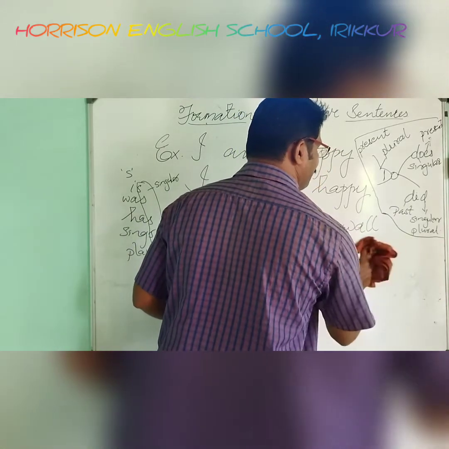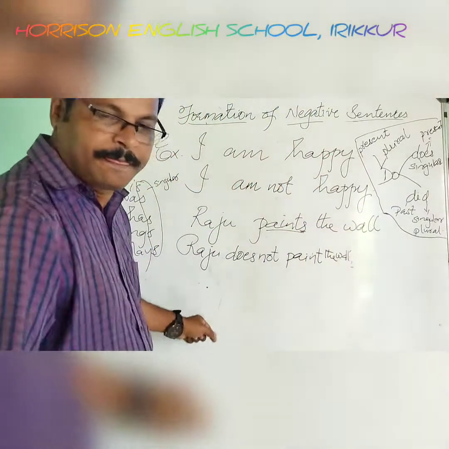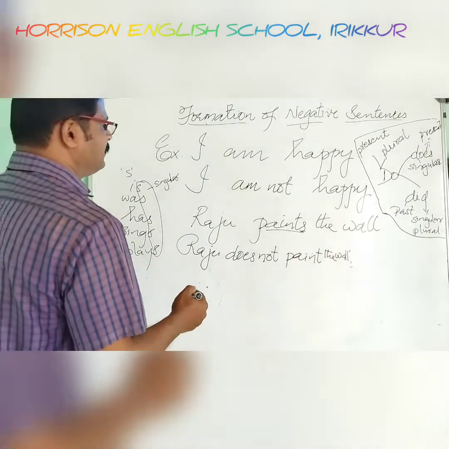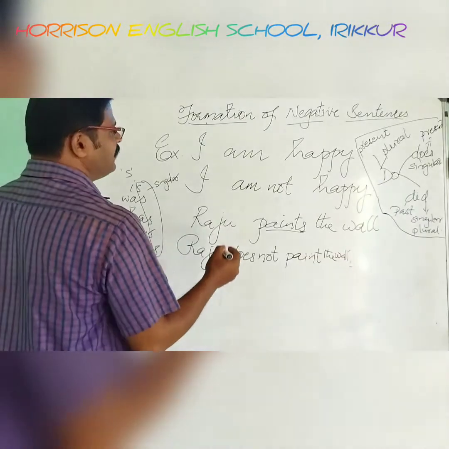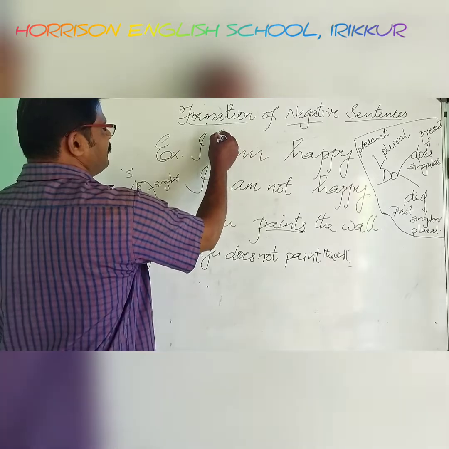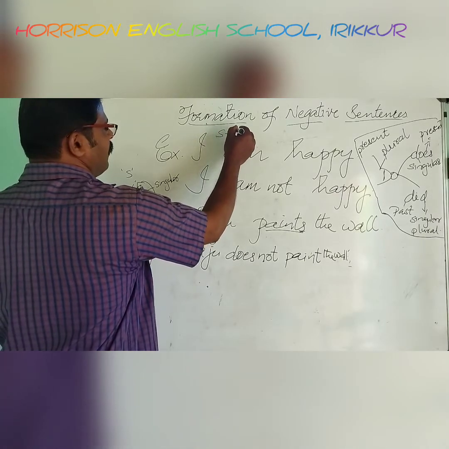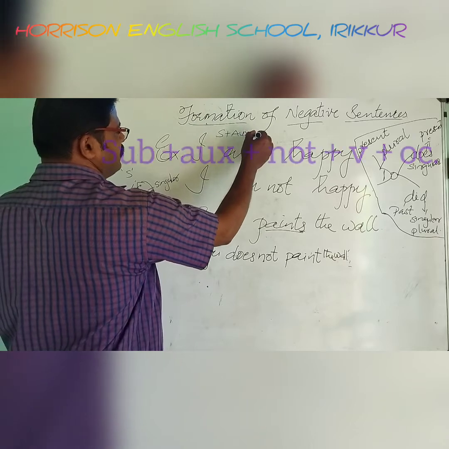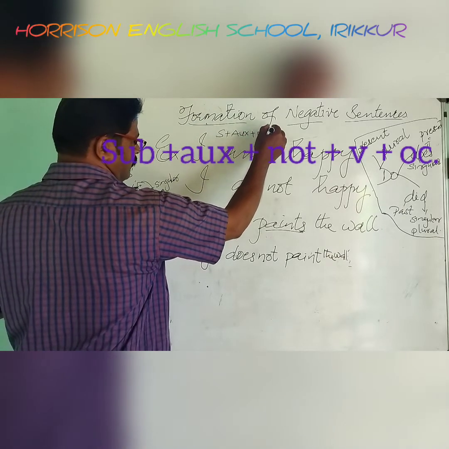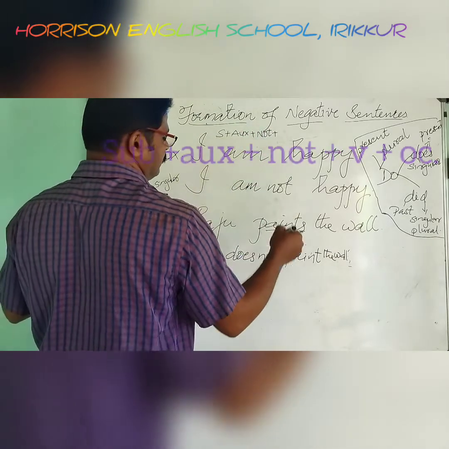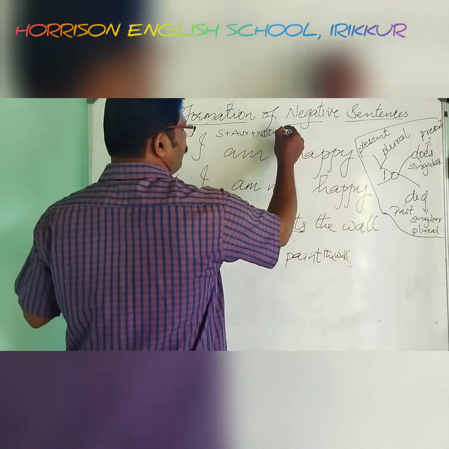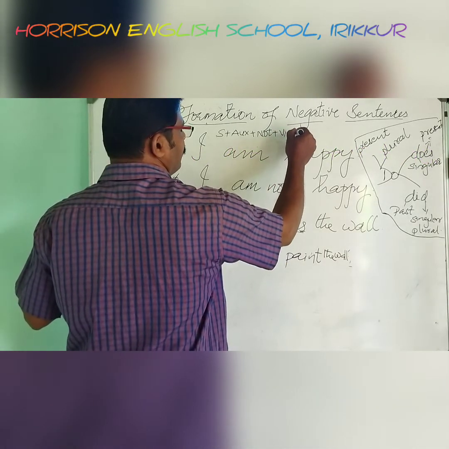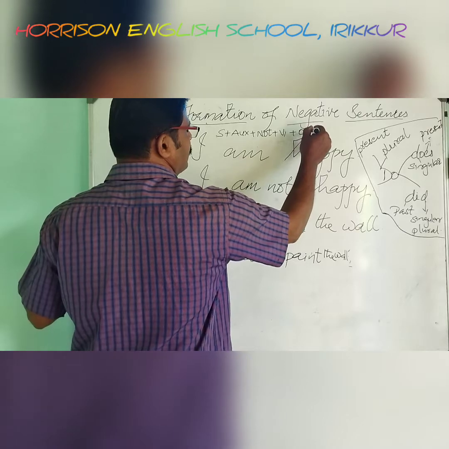Is that clear? So the structure of a negative sentence, we can find it out now. Subject plus auxiliary plus not plus V1 plus object or complement.